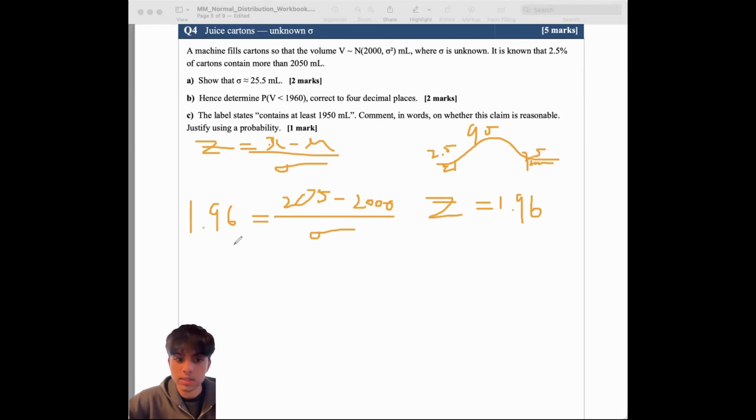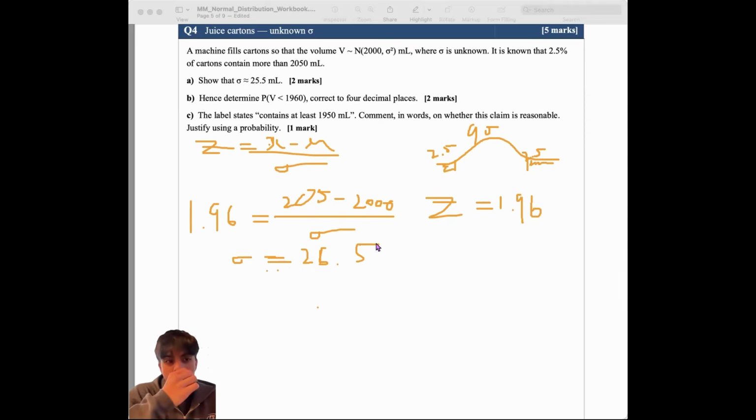So if you sub this into a calculator, rearrange a little bit, multiply by that, and then divide by that, you should get 50 divided by 1.96, and you get 25.5, which is the show that answer. So you get sigma equals 25.5. And yep, that's exactly how you'd go about that question for part A, and hence determine the probability that the volume will be less than 1960.